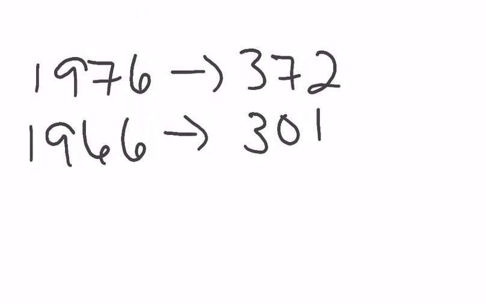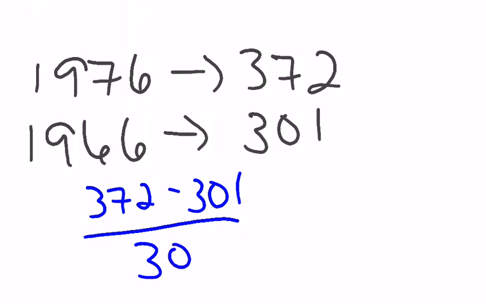So how do we find the percentage increase? We need to look at the difference between these two numbers, 372 minus 301. But then we divide it by the original number. Notice 1966 came before 1976, so this becomes our denominator, our base, because it says percentage increase. We want to know how much it has increased over that period.